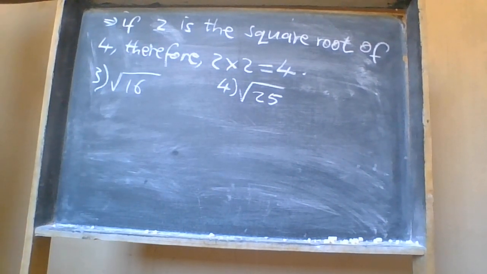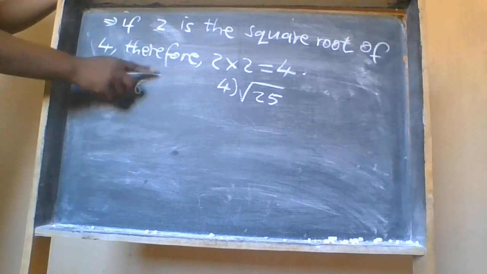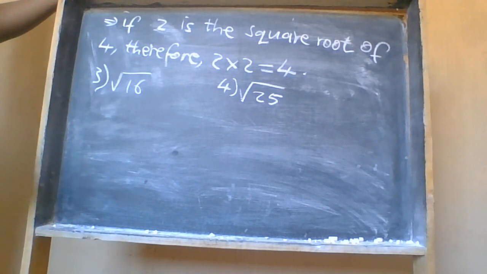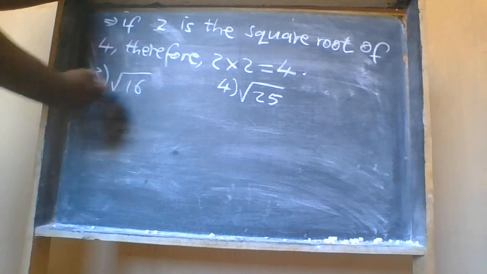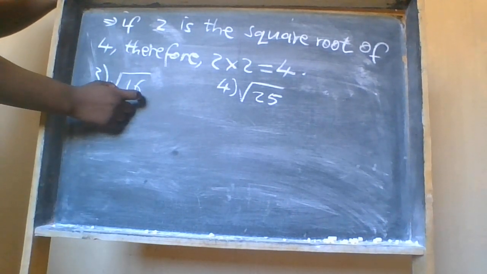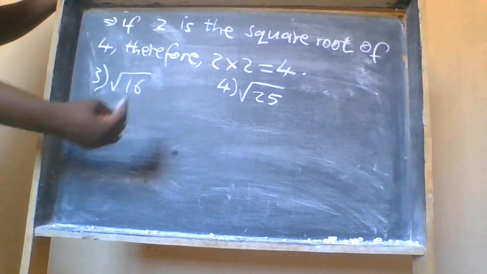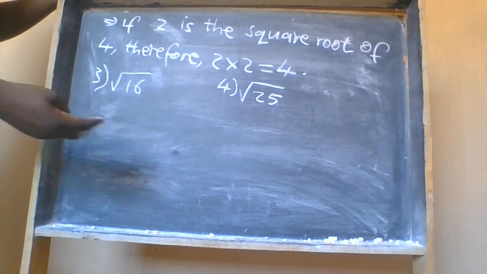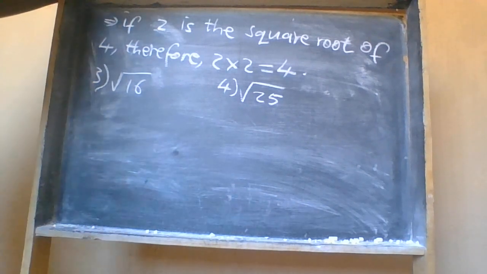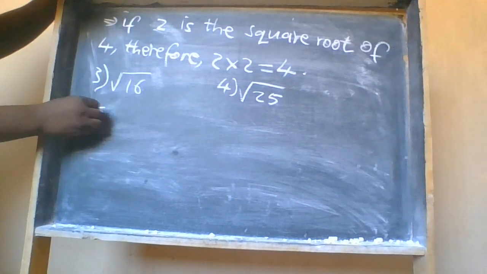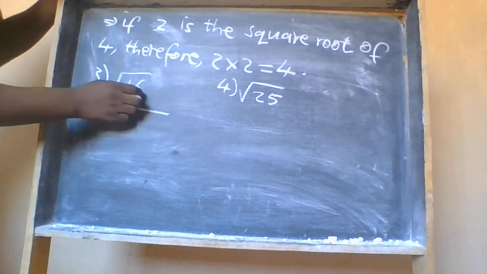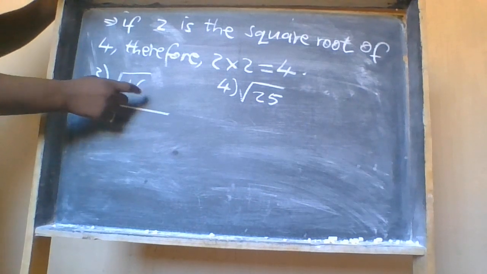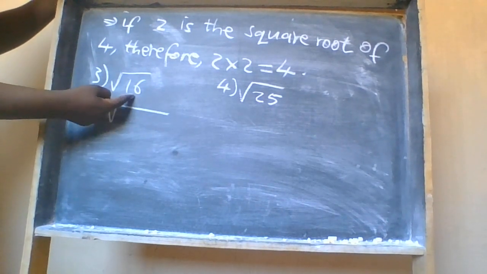Someone who doesn't know will not just come and guess to say, oh, the square root of 16, it's 4. They will not do that. But then, how do you go about knowing? You make sure that you break this 16 into smaller units. Not just any numbers, but numbers such that inside the square root you look at the number that, when you multiply it by itself, gives you 16.